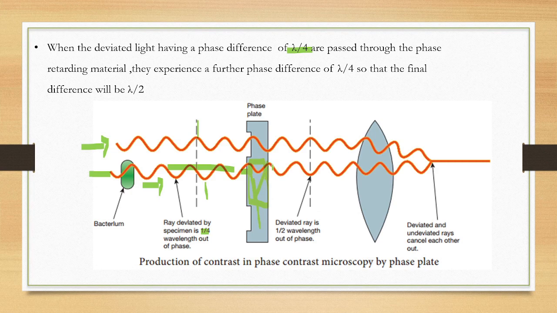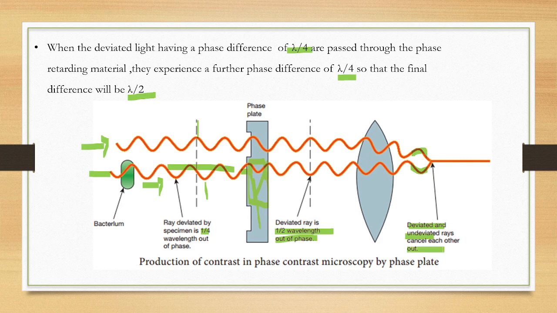When it passes through this phase retarding material, it experiences a further phase difference of λ/4, so that the final difference will be λ/2 here. And now the deviated light rays and the undeviated light rays cancel each other out.